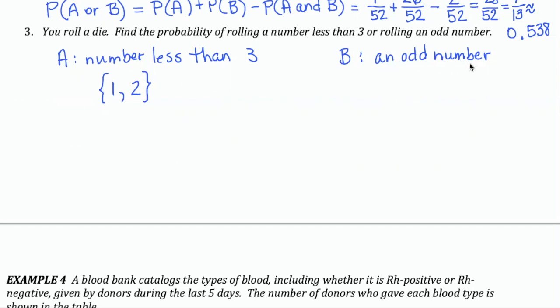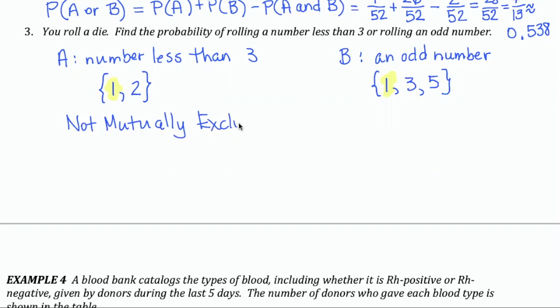If I'm rolling a 6-sided die, the odd numbers that appear on a die are the numbers 1, 3, and 5. Now we check to see if we have any outcomes in common, which we do. There's a 1 on both lists. So these events are not mutually exclusive. And again, that means I need to do that extra subtraction step so that I don't double count the probability of one happening.